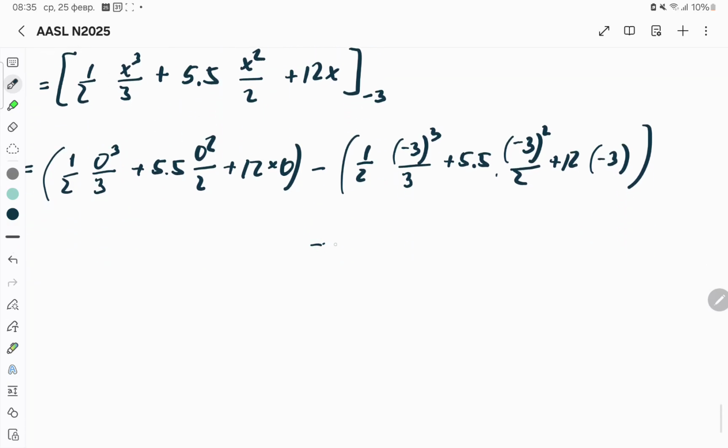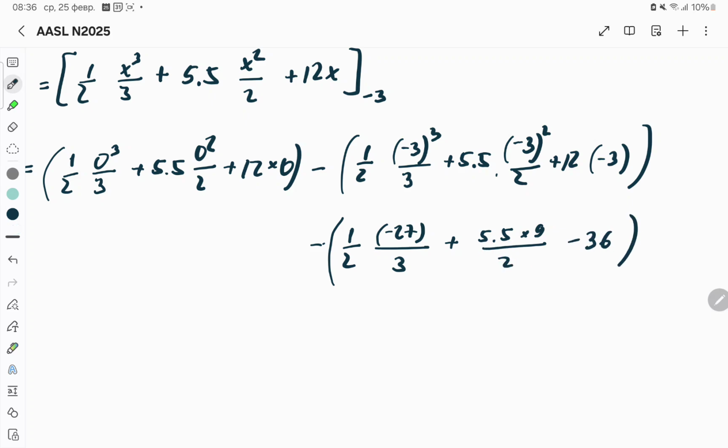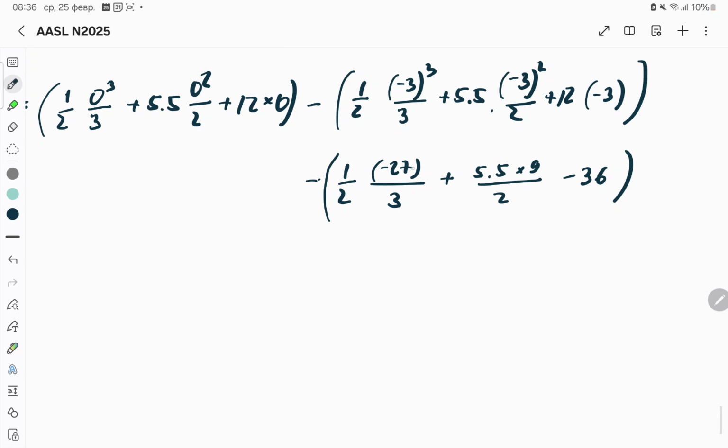Okay, so let's find these values, guys. Negative 27 over 3 plus 5.5 times 9 over 2 minus 36. It just needs another couple of minutes to simplify, right? So it's 9 minus 1 minus 9 over 2.